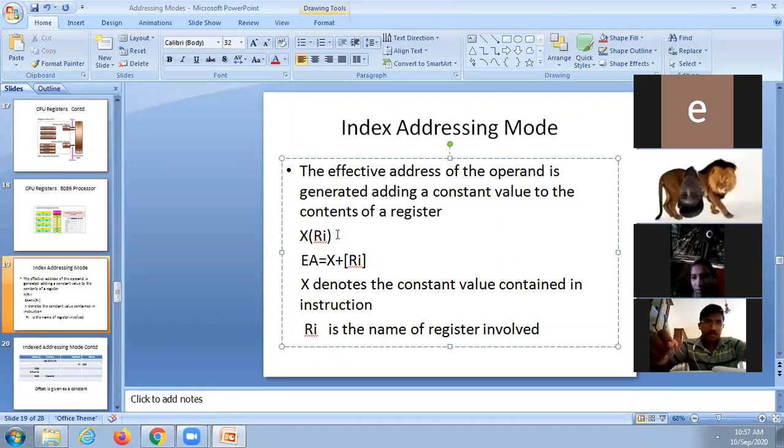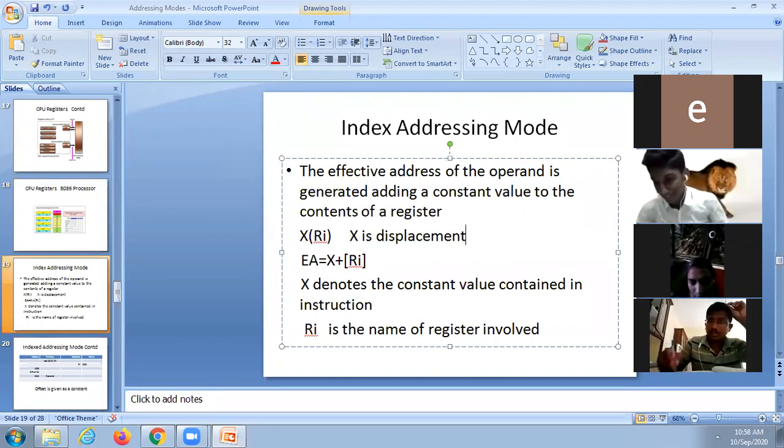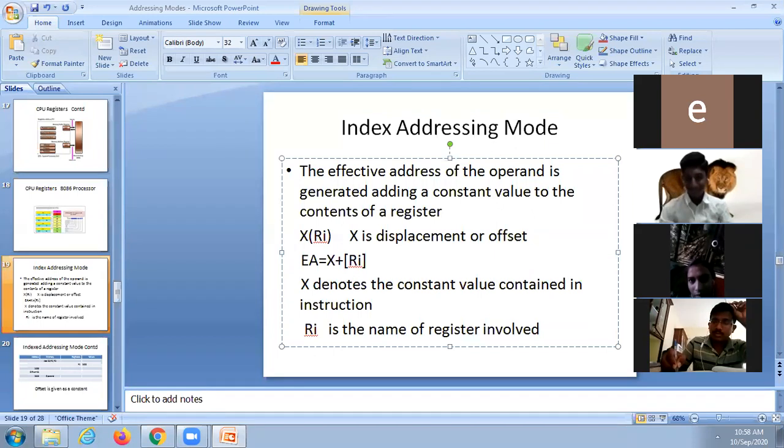So X of Ri: X is the displacement, or what we call the offset. Another name for displacement is offset. Ri is the register.